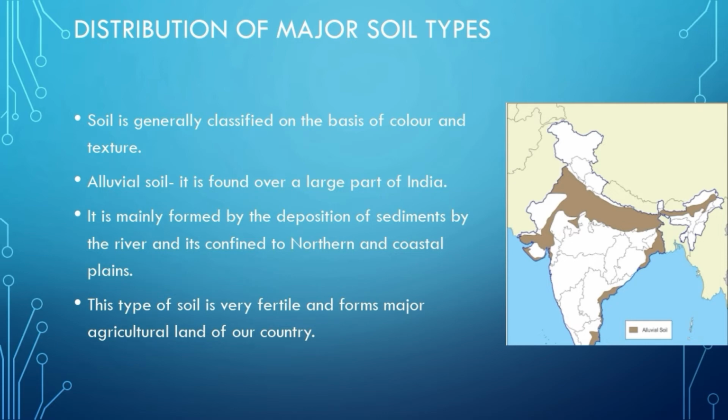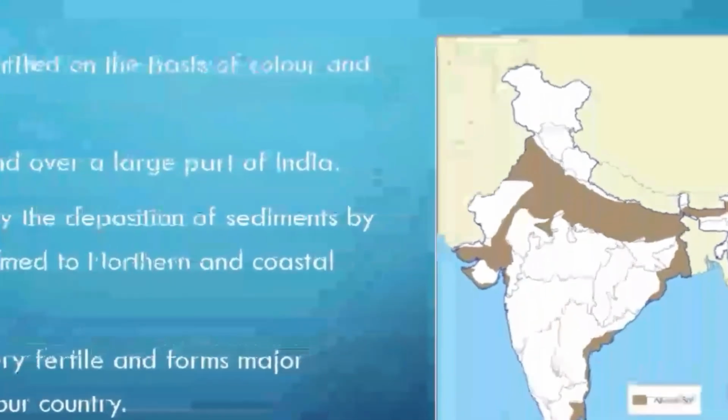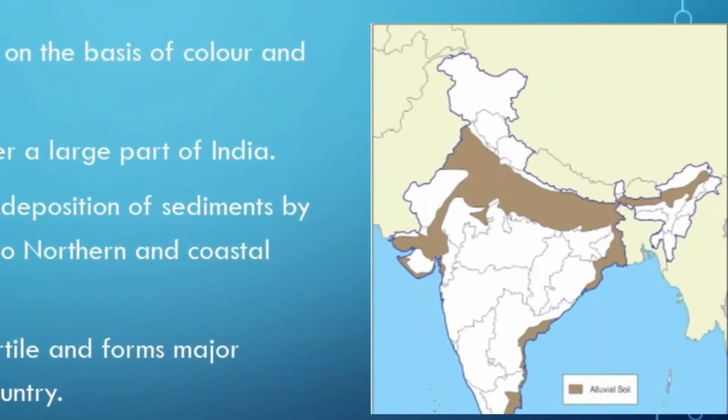It is found over a large part of India. It is mainly formed by the deposition of sediments by the rivers, and it is confined to northern and coastal plains. Let's have a look at a map. Here we are able to see that in the areas of Punjab, Haryana, Delhi, UP, Bihar, Assam, and the coastal areas up to Tamil Nadu, we find alluvial soil.